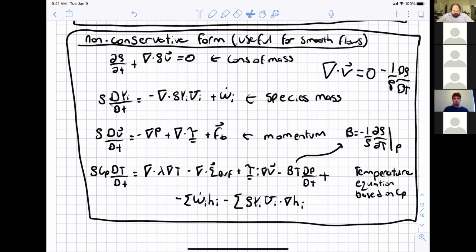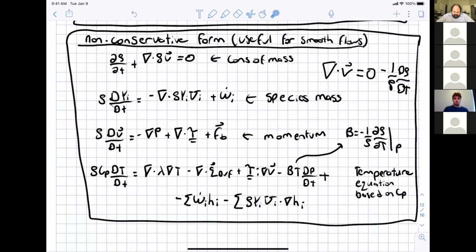Okay, and so in a way, if you look at a modeling study of folks modeling gas turbine combustors or car engines or something like that, you need to pay attention to the equations that they are actually solving. Basically, different groups will solve different forms of the conservation equations and make various assumptions.